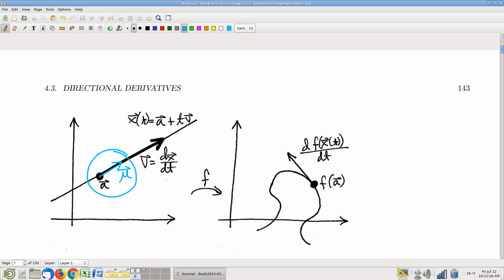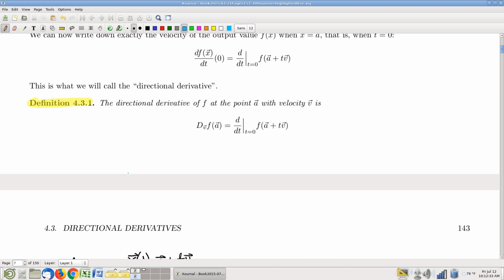There are some additional interpretations that will allow you to compute some interesting things, and that's nice, right? But I still think it's an unnatural choice. So what I'm doing in this book is I'm going to define directional derivatives the way I've done here. This is for any velocity. That notation means this formula.